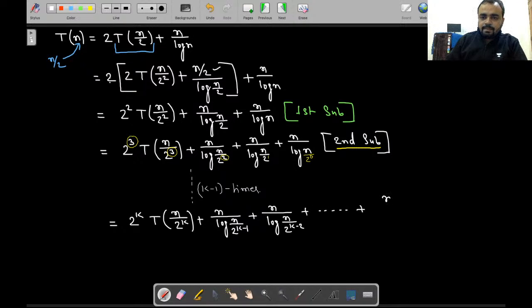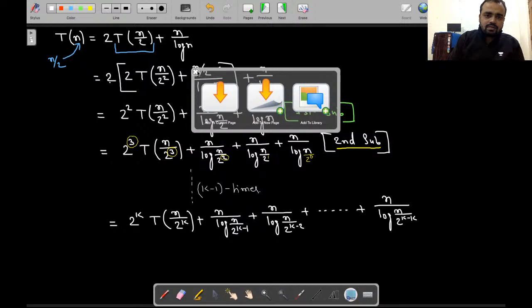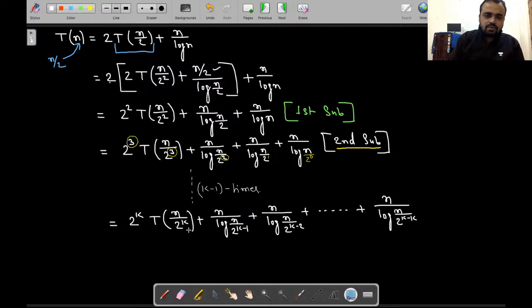This last one will become n by log of n by 2 to the power k minus k, because k minus k will become 0, so it will become log of n. Got it? So these things you are getting after the kth substitution. Now I am taking these things into the next slide and let's try to solve this.